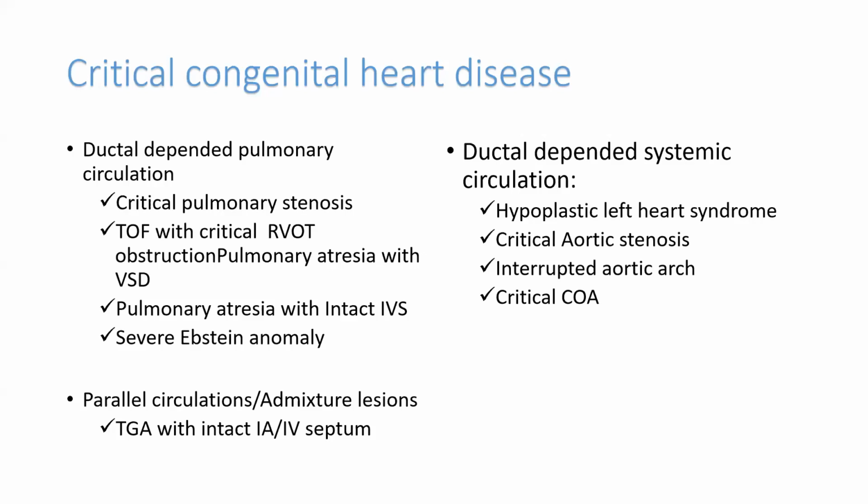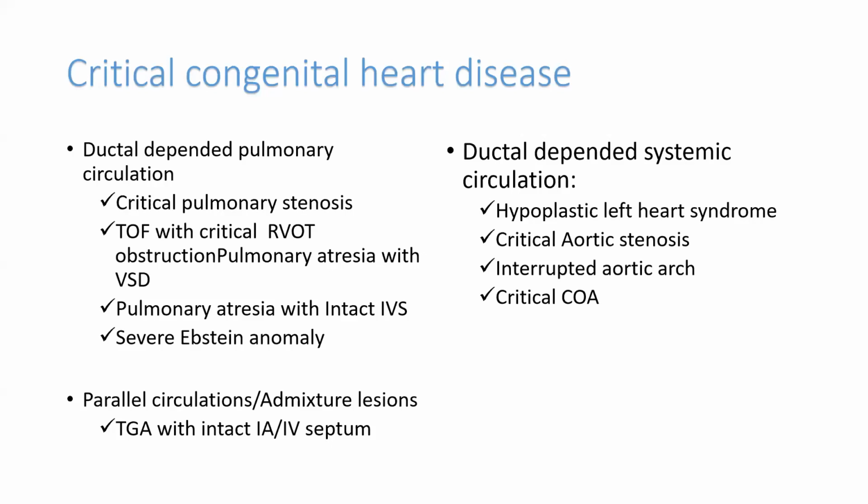And when it closes, this child is likely to present with features of marked reduction of flow into the lungs. So there is a bit of overlap, pulmonary atresia with VSD. In pulmonary atresia with VSD, there is a completely atretic pulmonary valve.